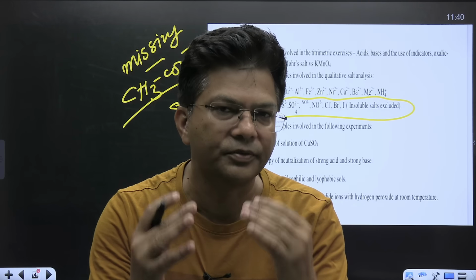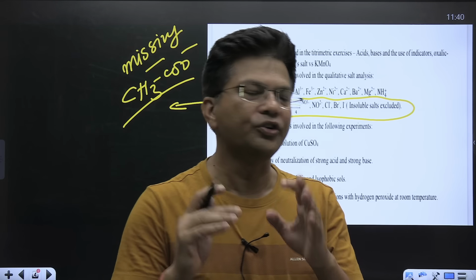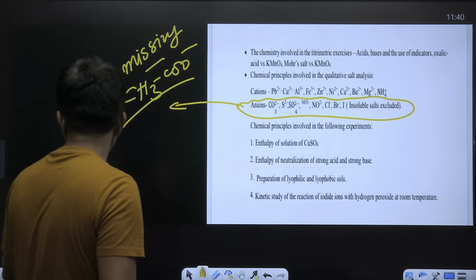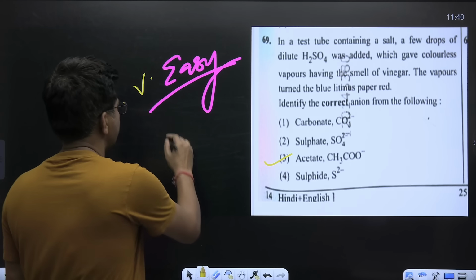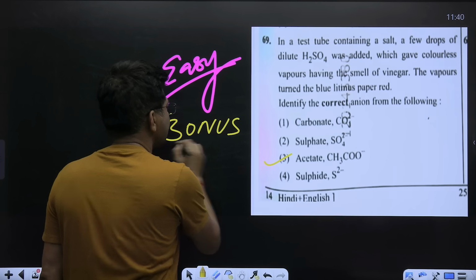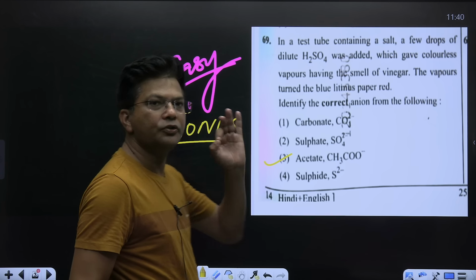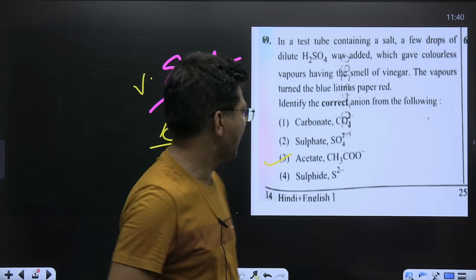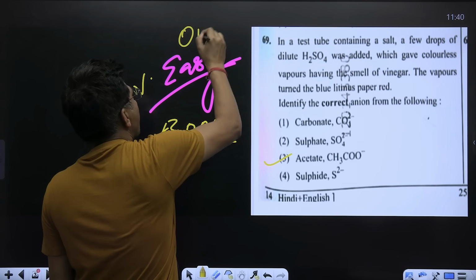What is the meaning of the syllabus? So the first question should go bonus to each and every one, whether that student has marked it or not, because it is totally out of syllabus.